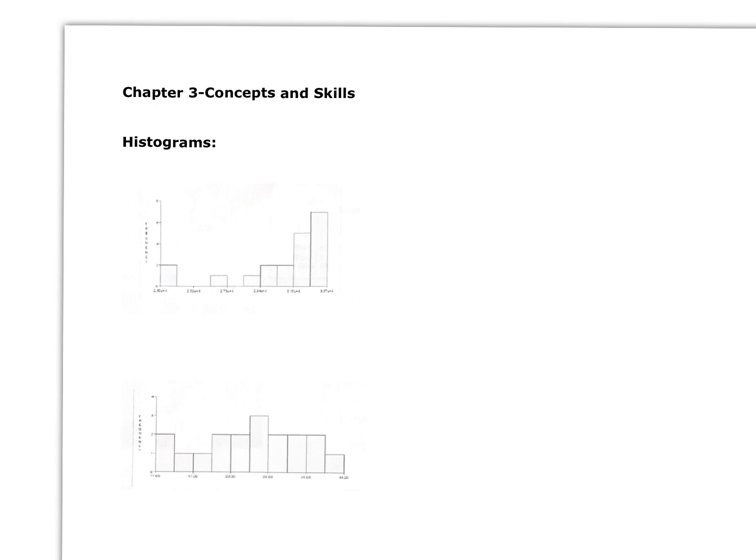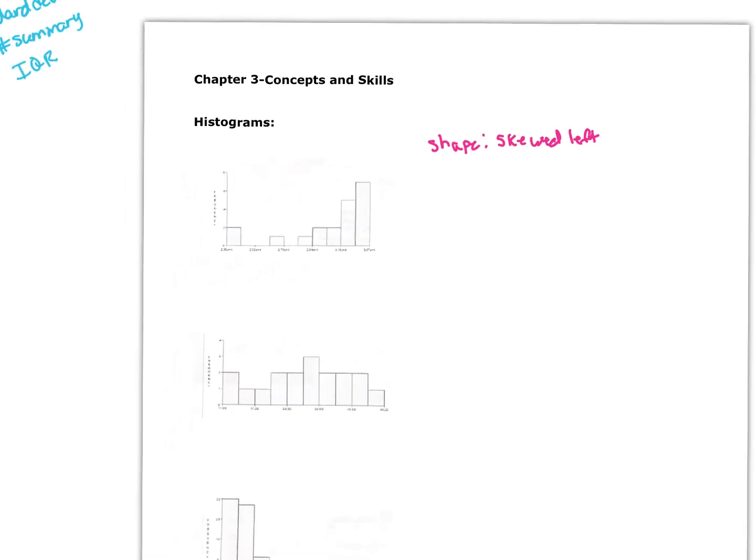So when I tell you that the shape of this particular histogram is skewed to the left, when you think about skew, to decide what the direction is, the direction in which the graph trails off is the direction of the skew. So that is a graph that is skewed left.